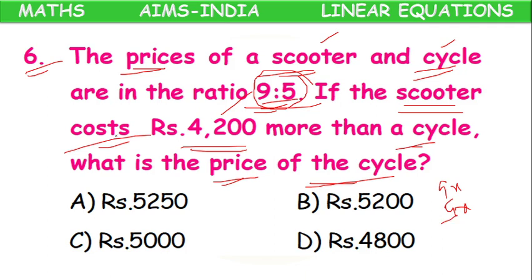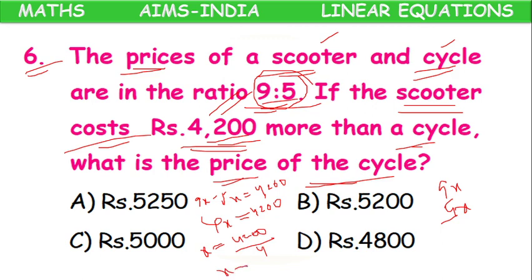They are telling that if the scooter costs 4,200 more than cycle, means 9x minus 5x, difference is 4,200. 9x minus 5x means 4x. Difference is 4,200. So then what about x? 4,200 by 4.